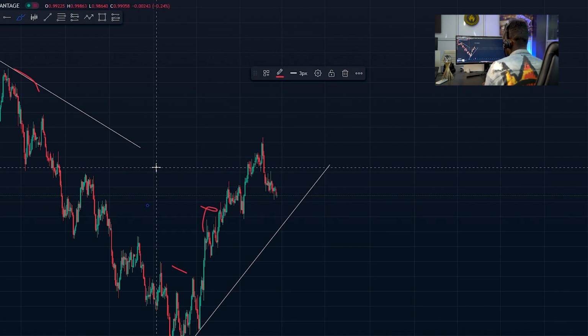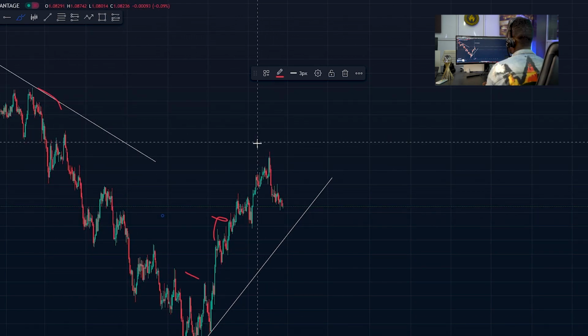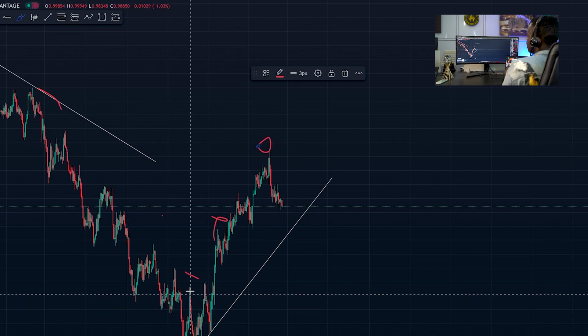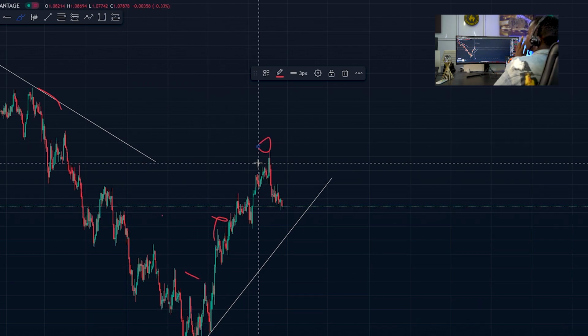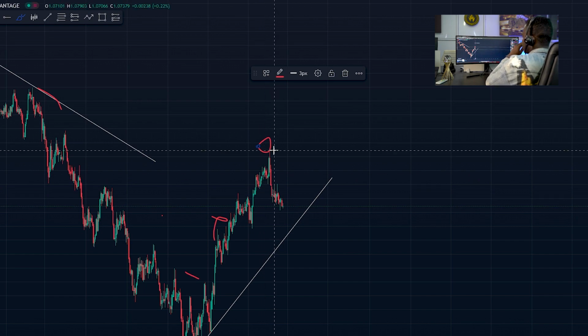This is the second. This is the third. So they kept increasing in height. That is what makes it an uptrend market. The highs keep getting higher.